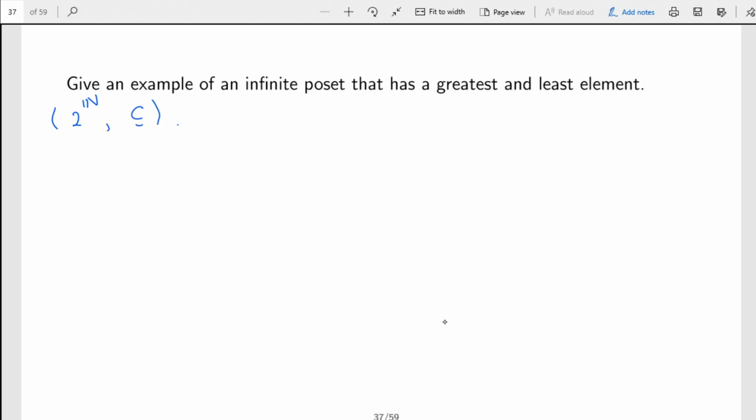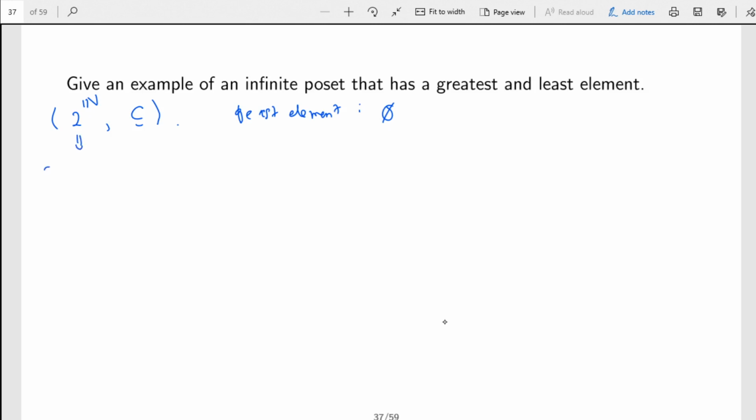So here the least element is, again, the empty set, because the empty set is a subset of any set of natural numbers. Let me just clarify this first.